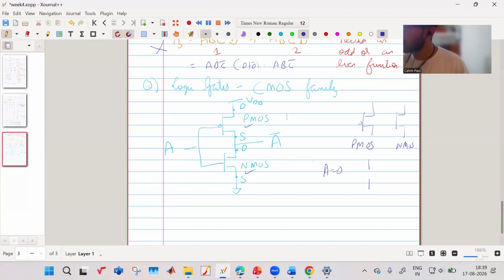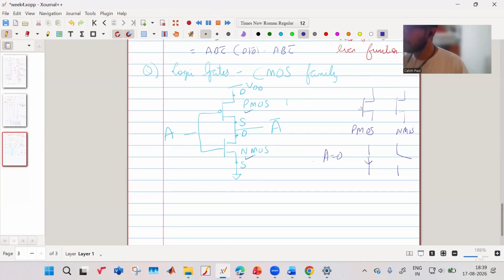Your PMOS closes, but your NMOS remains open. That is, your N channel MOSFET will act as an open circuit when your input is 0. But your PMOS acts as a short circuit. It closes. That is, your switch gets closed.